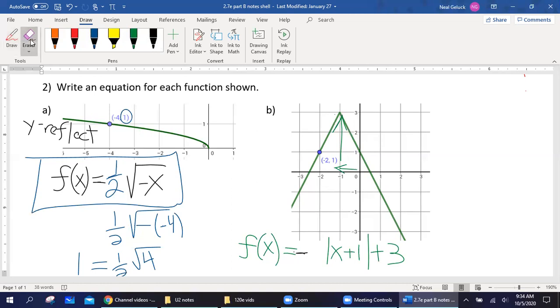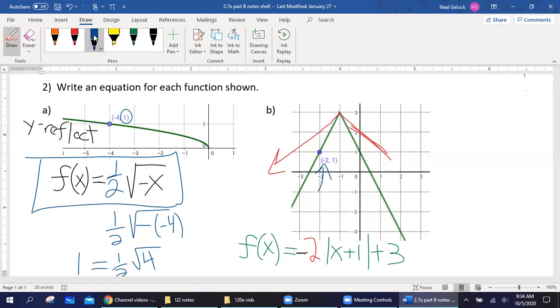And the last thing deals with that stretch or shrink stuff. Normally, it would be going like that if it wasn't stretched. But since it's been stretched, this is going to have a 2 out in front. And again, I can test to see if that's correct by plugging in this x value here.